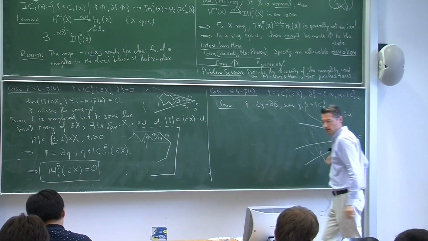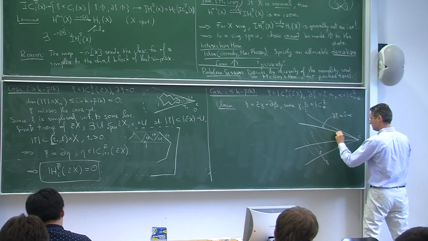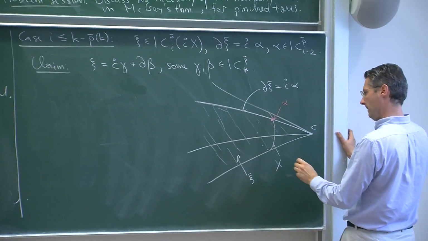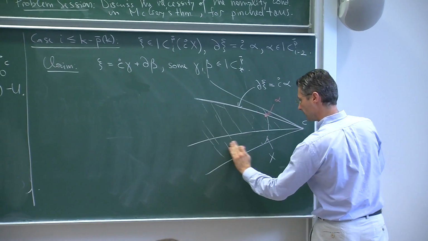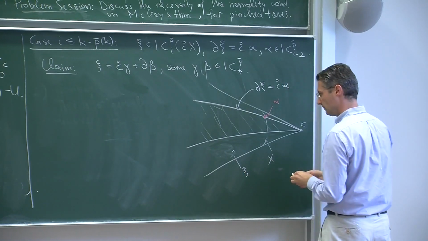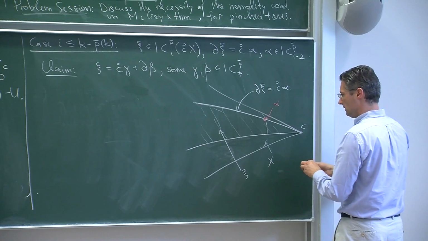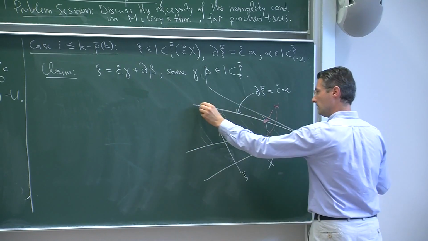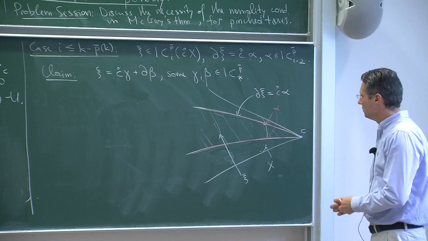Maybe I should use color. So here's alpha, and then you take the cone on alpha, and that's the boundary of your Xi.